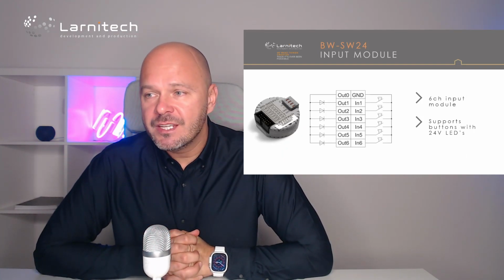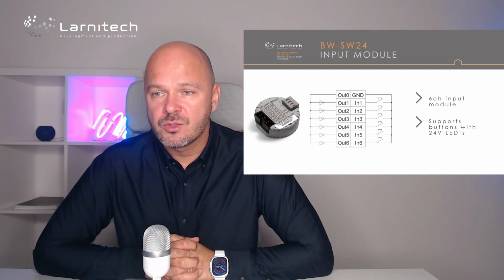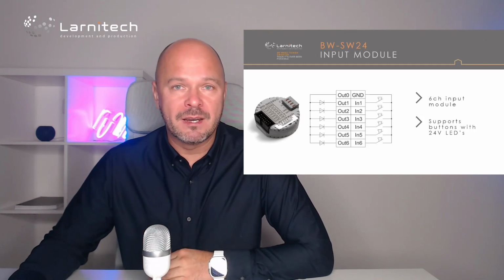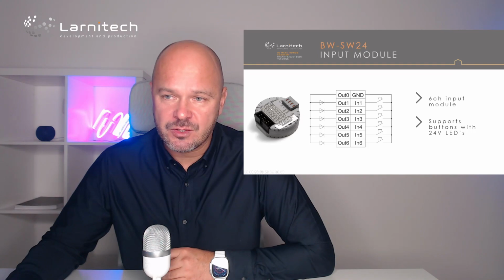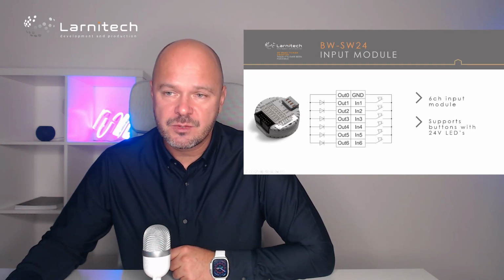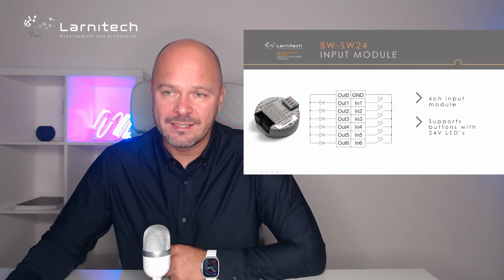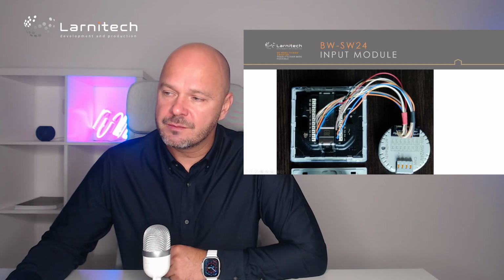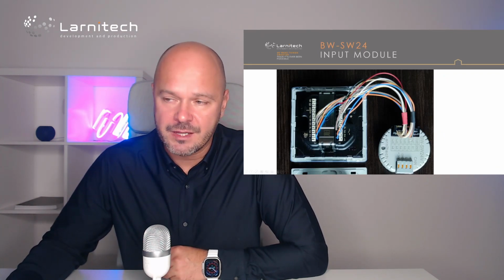This one is used if you want to have not only inputs, but you want to have also an LED light for each button. So if you want to have status buttons, then you use this one. So it has 6 inputs and 6 outputs for LEDs. So this is how you use it. So these wires, they go together with the device.